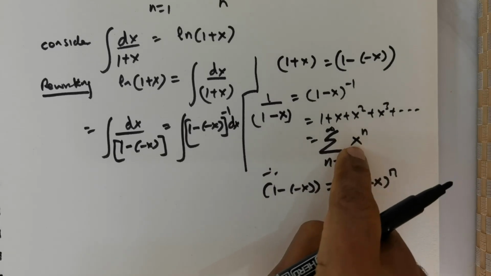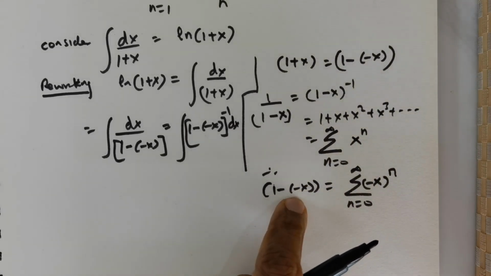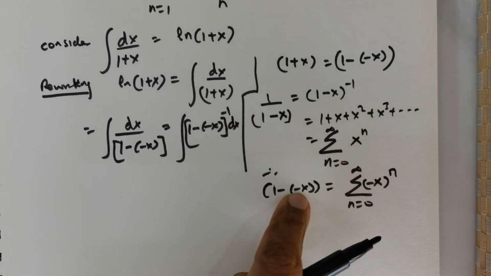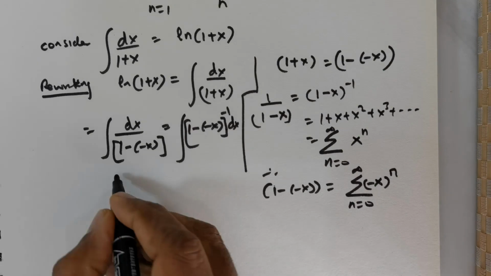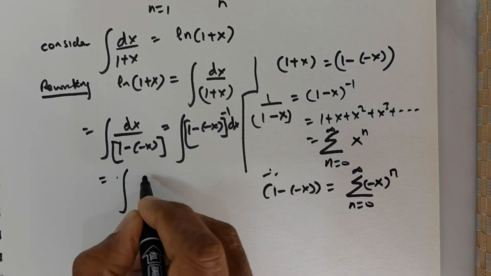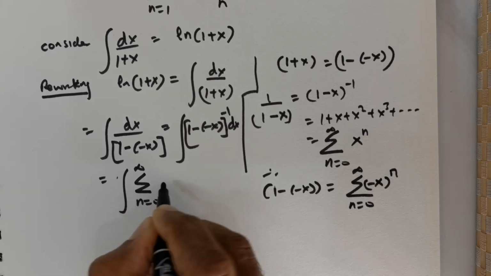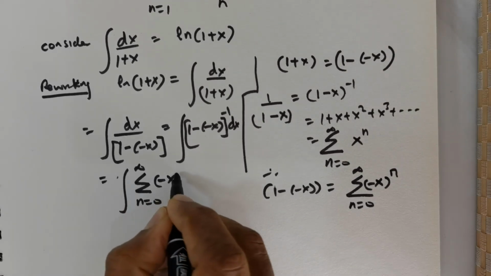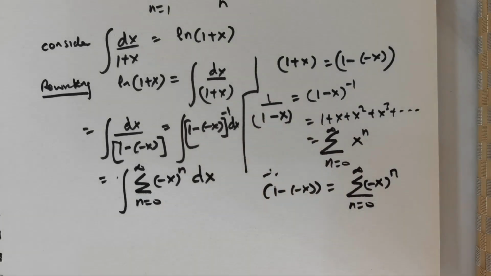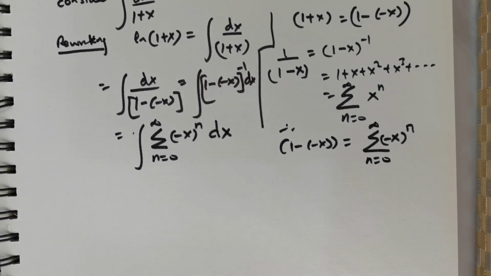I'm going to utilize this with this, so substituting in place of x, I substitute (-x)^n. I've already explained this. So this is going to be the integral of the sum from n = 0 to infinity of (-x)^n dx. Good, fair enough.